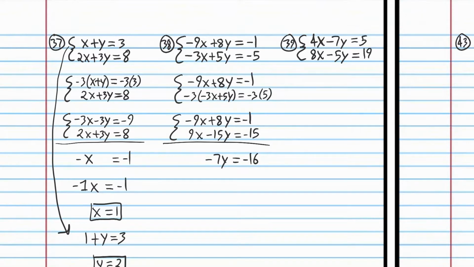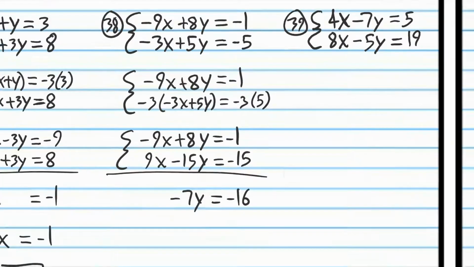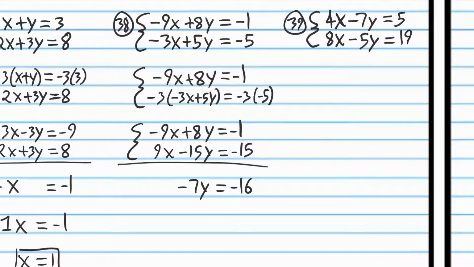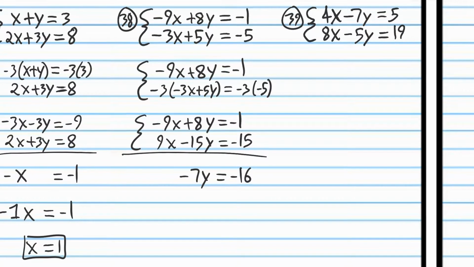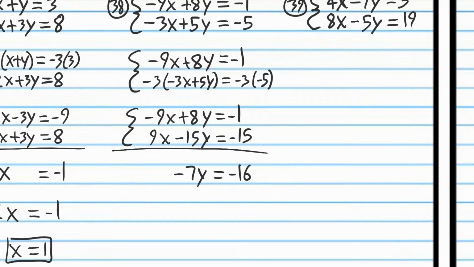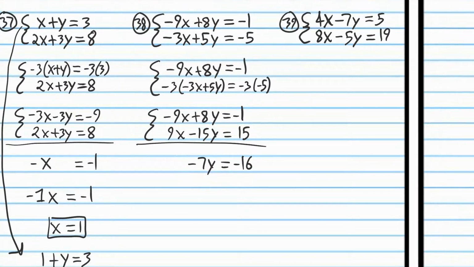Wait a second. Whoops, I just found a mistake that I made. That should be negative 5, I'm sorry. Negative 3, so that should be positive 15, I'm sorry. So then you add them together and you get 14.